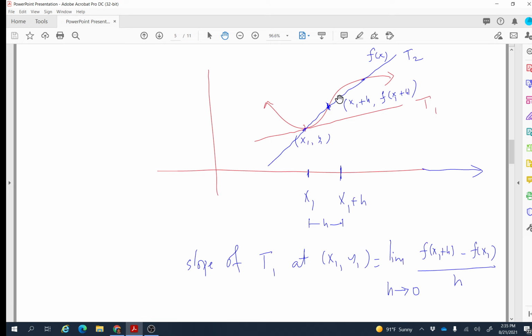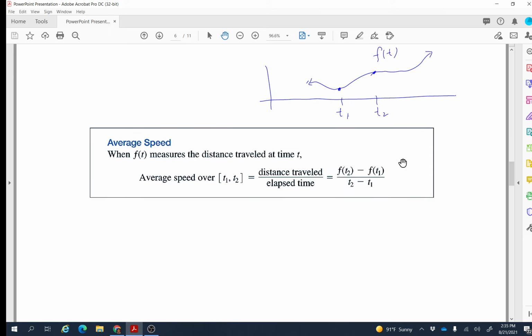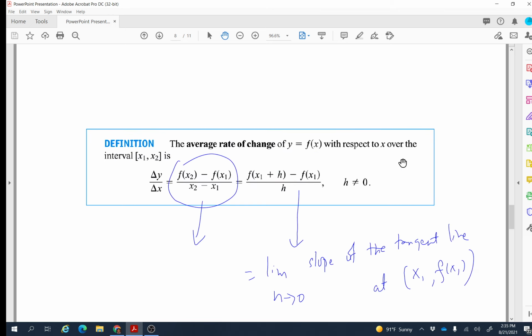In this example, as you can see, when h approaches 0, the slope of the secant line becomes the slope of the tangent line. So this is the formula for the secant line, and it becomes the formula for the tangent line when h approaches 0. That's the one thing you have to understand.